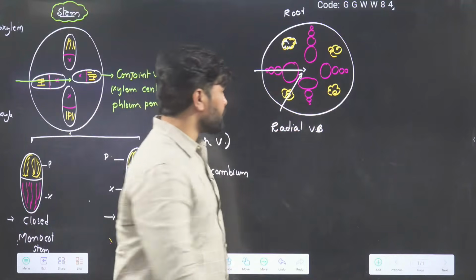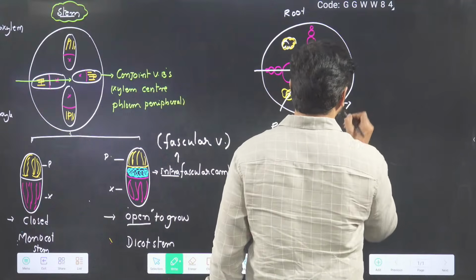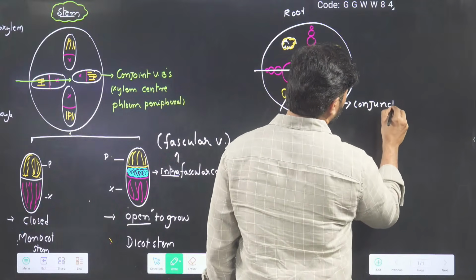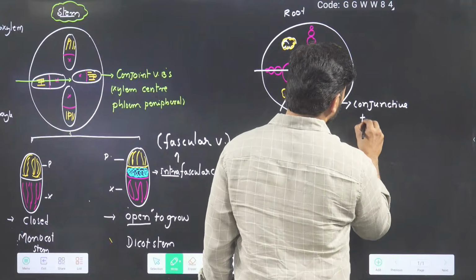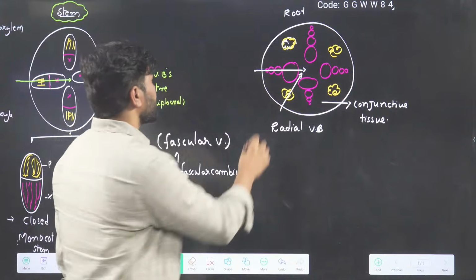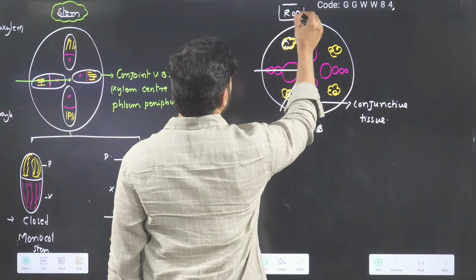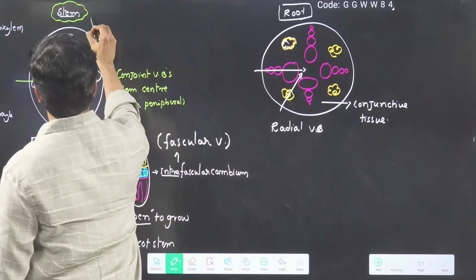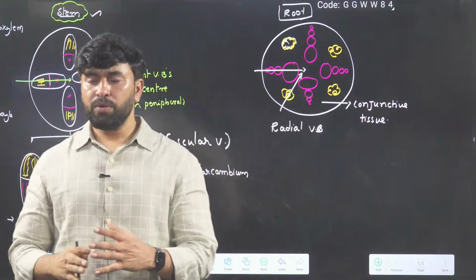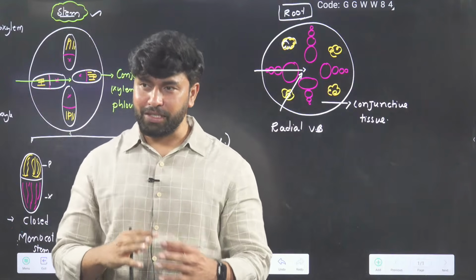What is present? Between them there is a presence of special type of parenchymatous cells, that's called conjunctive tissue. Conjunctive tissue. This is about the root arrangement of vascular bundle. This is about stem. Now, this is about how vascular bundles are arranged.